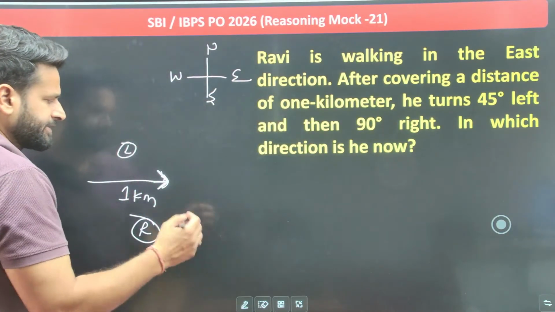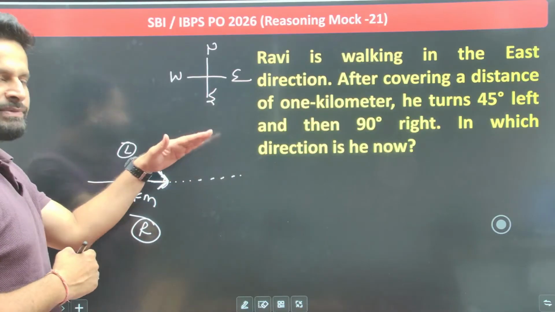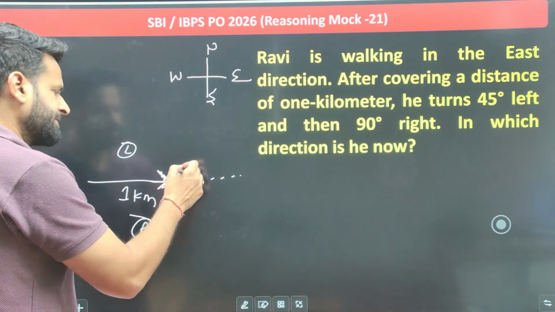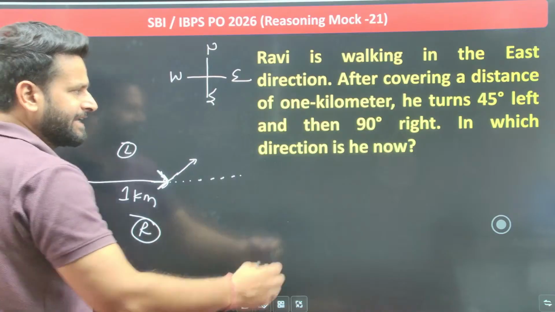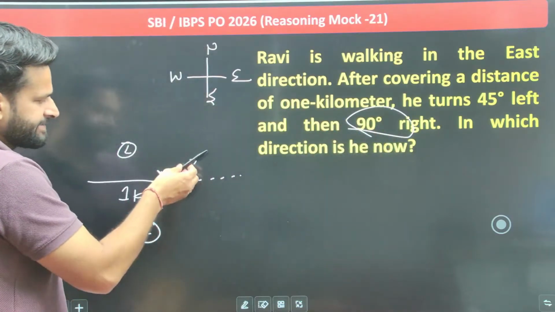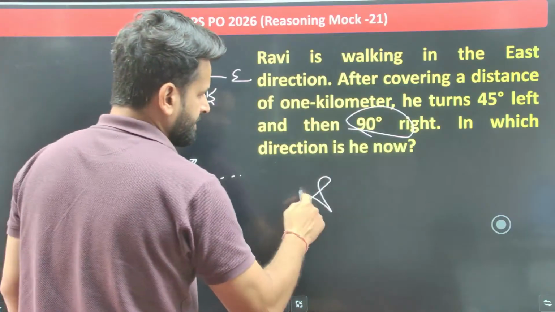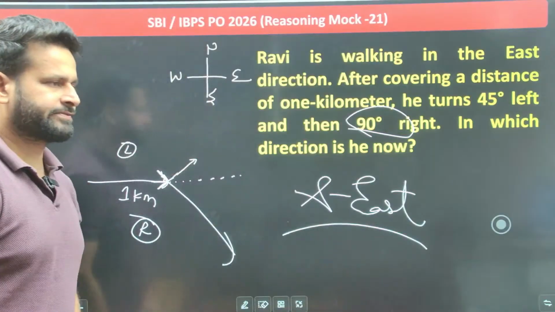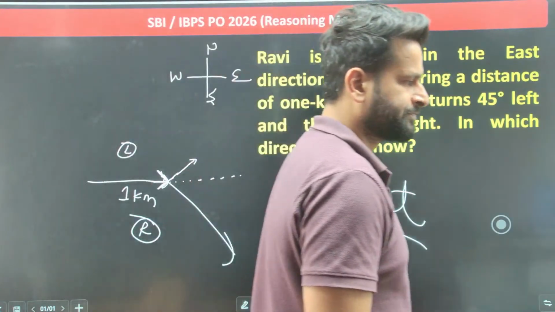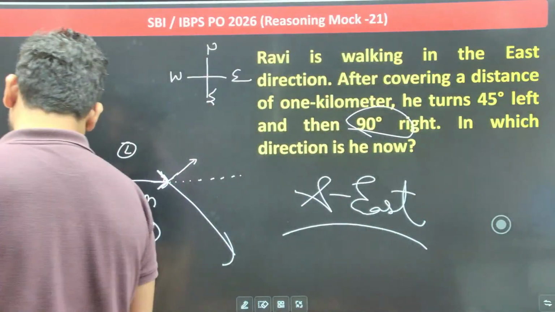If I would not have turned, I would have moved in this direction, but I am turning towards my left 45 degrees. So now I am looking in this direction, northeast. Then 90 degrees right, from this angle I will be looking in this direction, southeast. Southeast will be the answer, right? I hope this solution is clear, the explanation, everything.